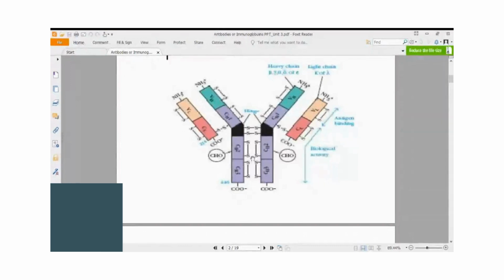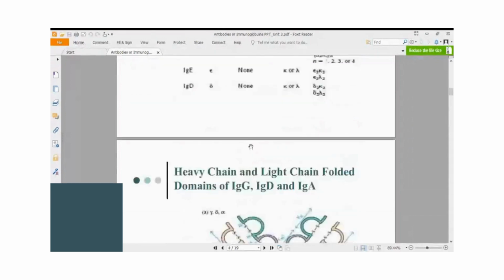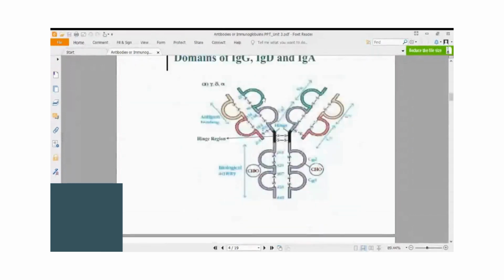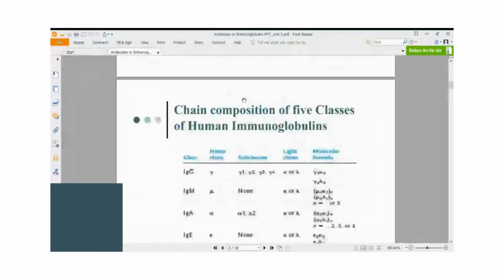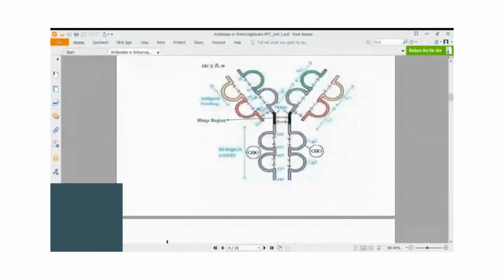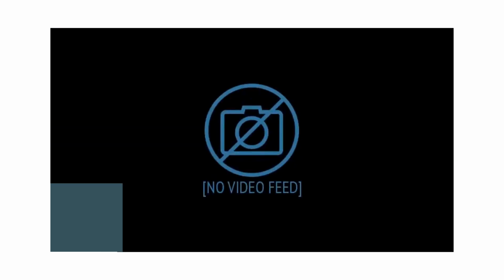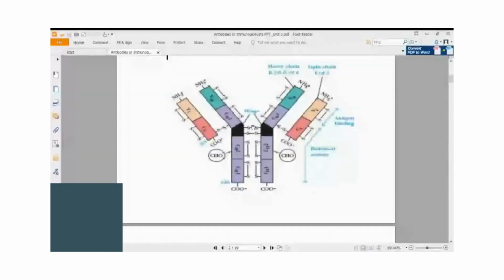That intra-chain disulfide bond results in the formation of loops like this, and this loop would have approximately 60 amino acid residues, the disulfide bond not being shown here. You can represent the structure of the antibody with this type of diagram, or you can represent it like this. This is a generalized structure, which is common for all the 5 classes of antibodies, with minor changes.